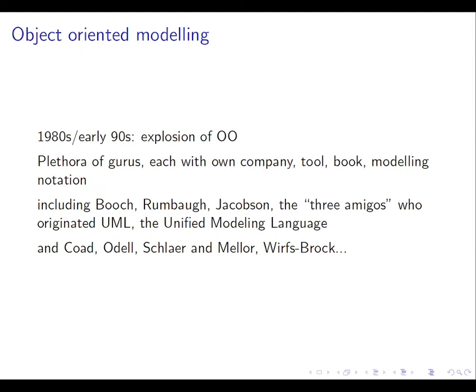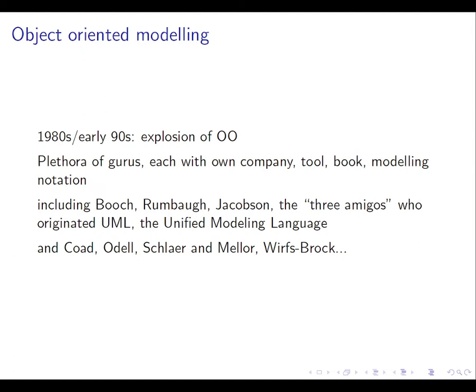And this idea was driven home and supported by the use of graphical models to represent the high-level structure of your system and that correspondence between domain concepts and classes in your system. And there were a whole bunch of gurus, famous experts in object orientation, and roughly speaking, each one had their own company which sold their own modelling tool, wrote their own book, and had their own modelling notation.